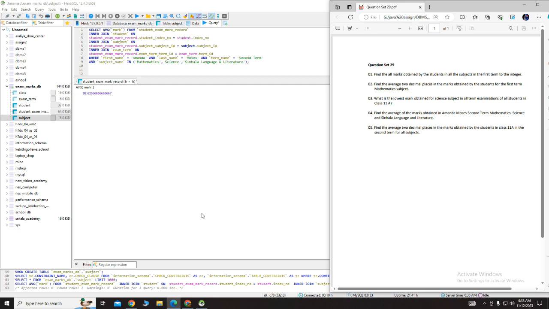So we have used the average function to find the average mark, and we have inner joined the student exam mark record table with the student, subject and exam term tables using the relationships among their table columns, and finally provided our conditions where the first name should be Amanda, last name should be Moses, term name should be second term.